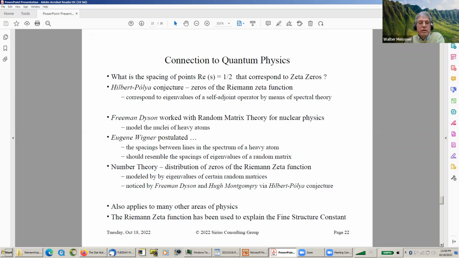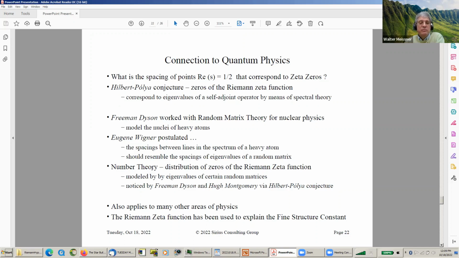Hugh Montgomery said, well, in number theory, the distribution of zeros of the Riemann zeta function can be modeled by eigenvalues of certain random matrices. They started talking about each other's work and what kind of mathematics they were using, and they realized there was a high correlation. What they were doing was very similar.